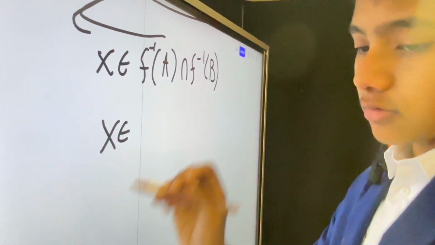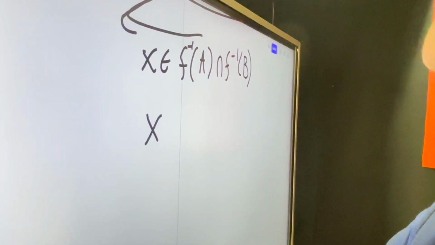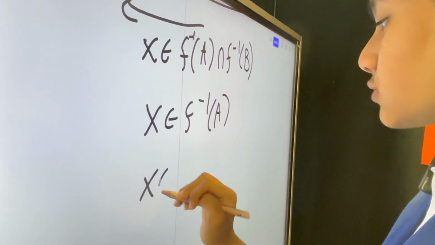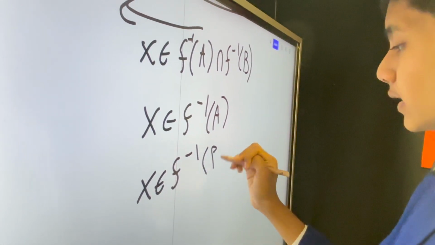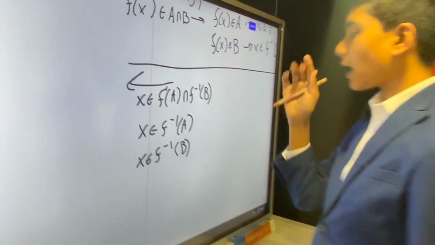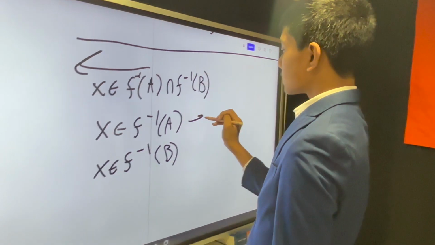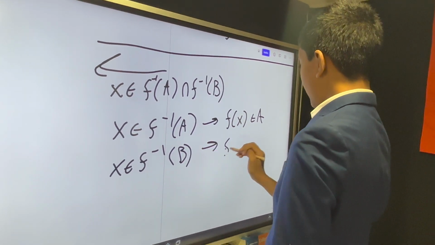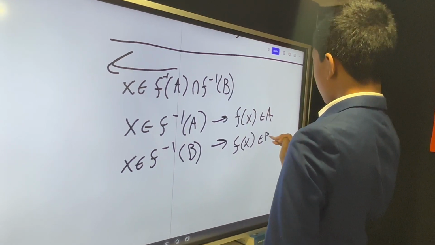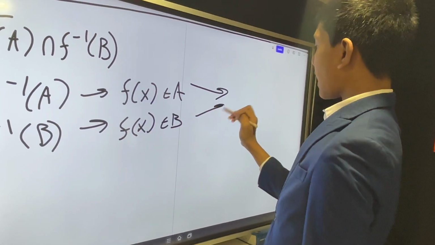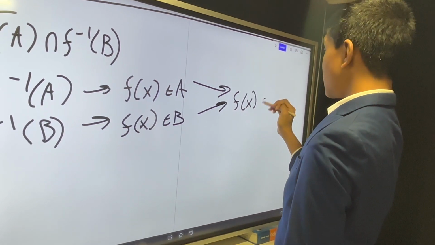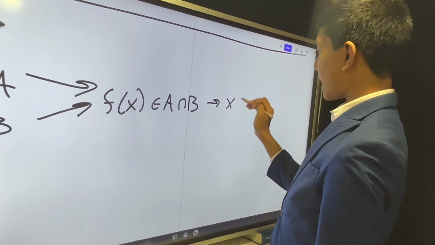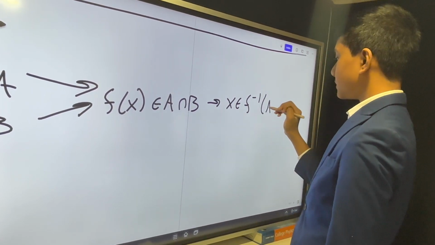We get that X was in F inverse of A and X was in F inverse of B, and from there we mostly replicate the logic backwards to get F of X was in A, F of X was in B, which means that F of X was in A intersect B, which means that X was in F inverse of A intersect B.